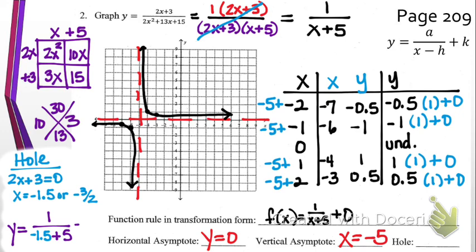So type that in your calculator. And you get like 0.3. So the hole, which I'm going to write as a decimal, is -1.5 and 0.3.